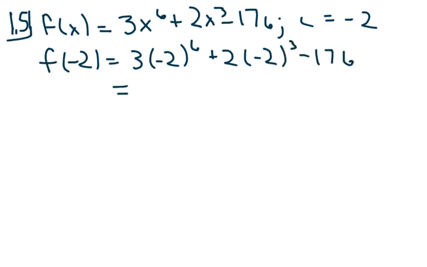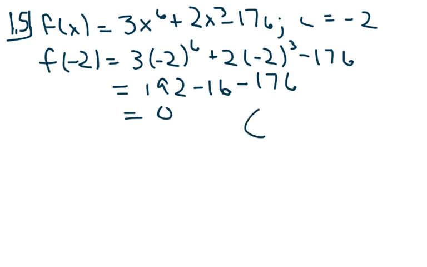And what I get is 192 minus 16 minus 176, which equals 0. That means x plus 2 is a factor.